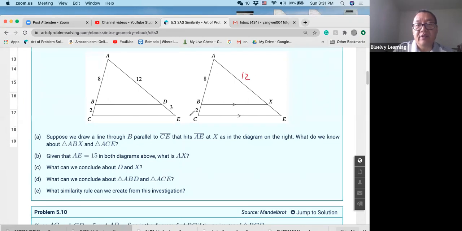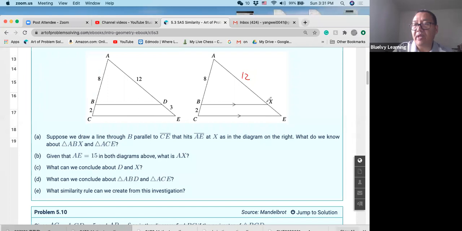Because AE equals 15, you draw a line BX parallel to CE. Then this triangle will actually be congruent with this triangle. So AD equals AX equals 12. What can we conclude about D and X? D and X will overlap.